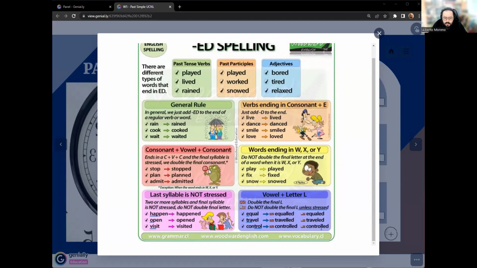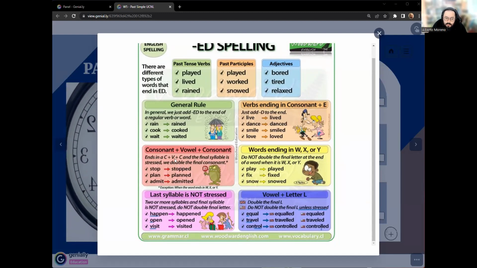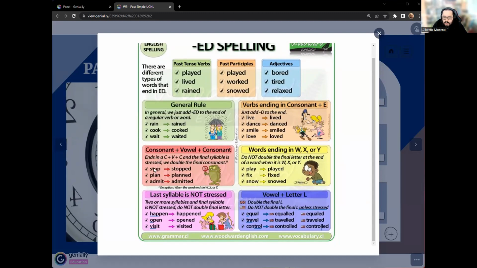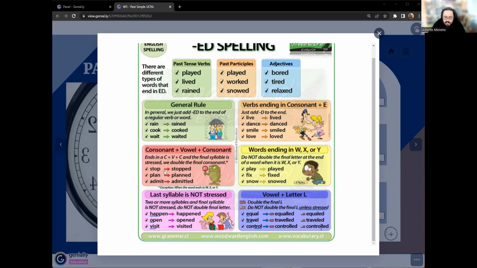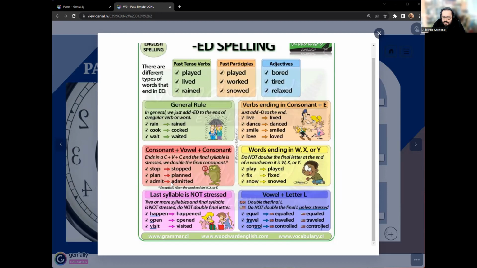Another rule says that when a verb ends in a consonant vowel consonant combination, we have to double the last consonant and add the ed ending. So stop turns into stopped, plan into planned, admit into admitted.